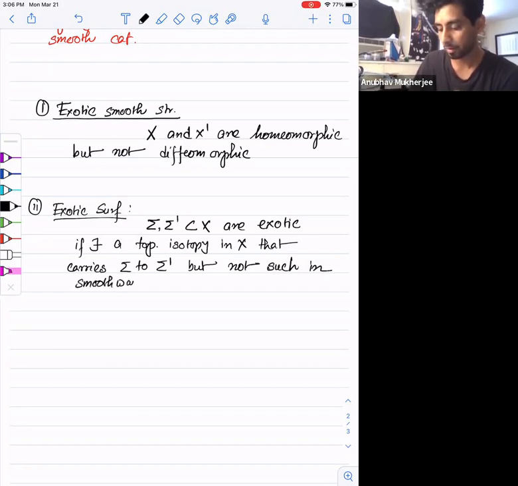The reason surfaces in four-manifolds are interesting is that they are the middle dimension object in four-manifolds.